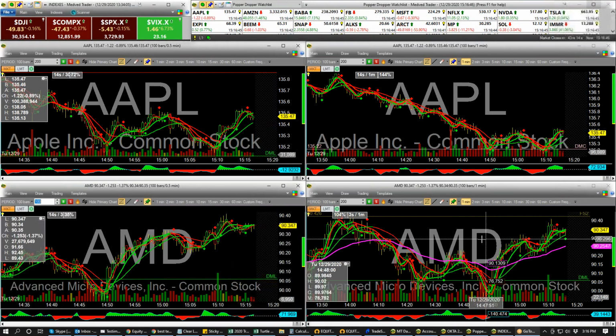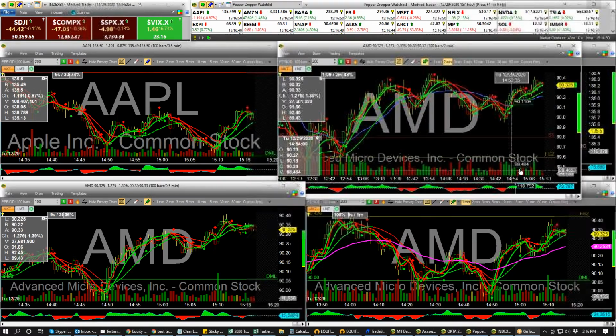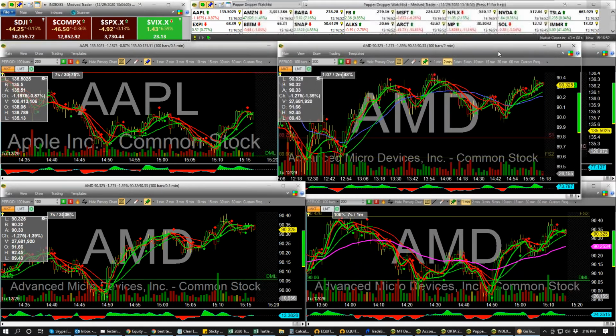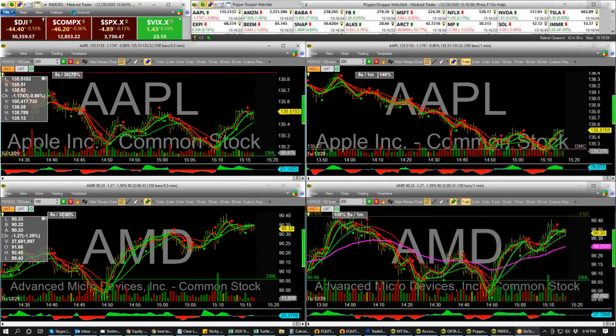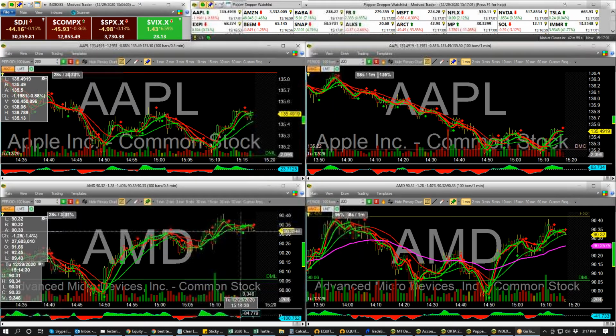Actually, the 2 is still in the green right now also. So 2 is still in trend. So 8 is in trend, 2 is in trend, 1 is technically still in trend. So we're just looking for a re-entry.